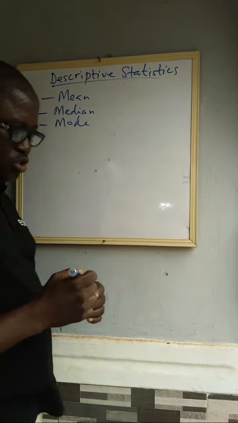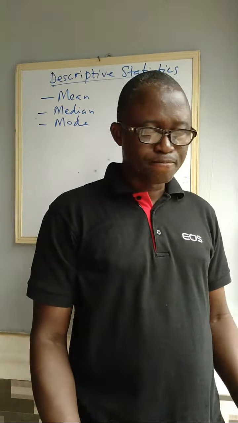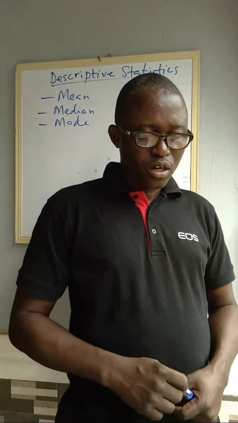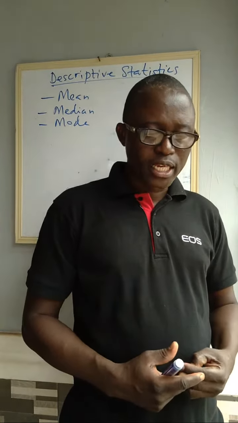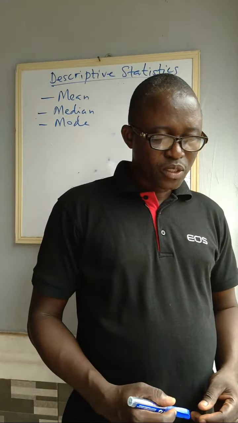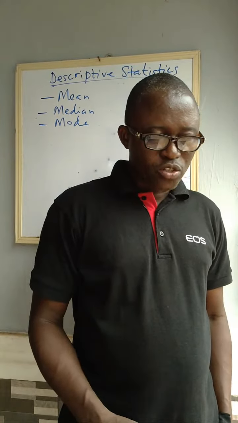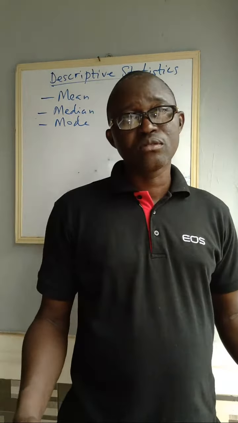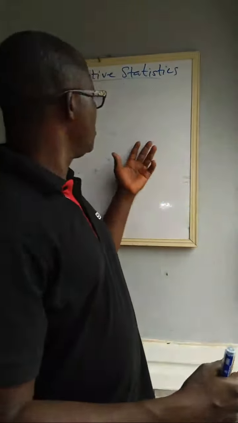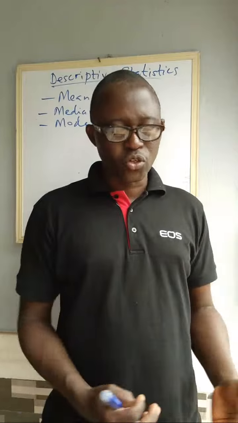We can use this to describe a set of quantitative data, to describe how the data looks. We can look at the spread. So we can use it to describe how the data behaves. We can plot a graph on y and x axis to describe how the data behaves also.